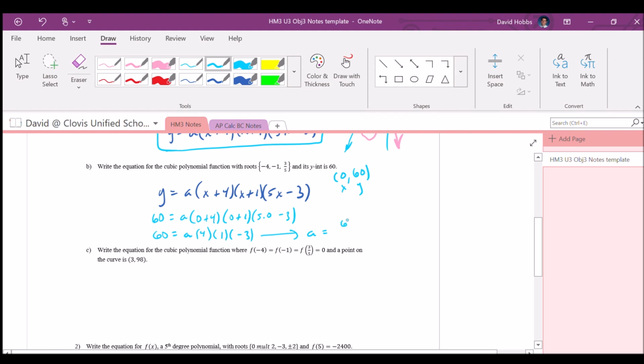A is 60 over negative 12. Okay, now no decimals. Don't be giving me decimals for the a values. You give me reduced fractions, but sometimes they reduce to a whole number. So 60 divided by 12, it is negative, and that is negative 5, isn't it? So in place of the a, we're going to put a negative 5, and we will be done.